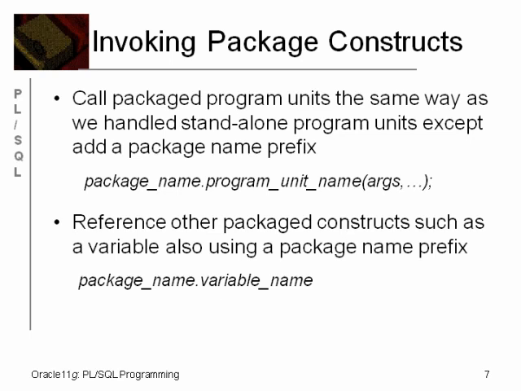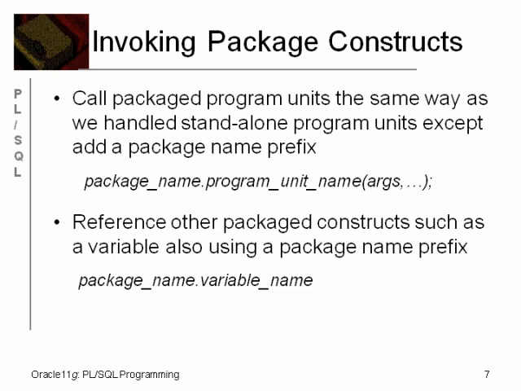Now, let's see. If we look here at this screenshot, this talks about actually calling packaged program units. Before, we would just name the program unit and then in parentheses put the arguments. The only difference between a standalone and executing a packaged one is that we add the package name before it, separated by a dot.